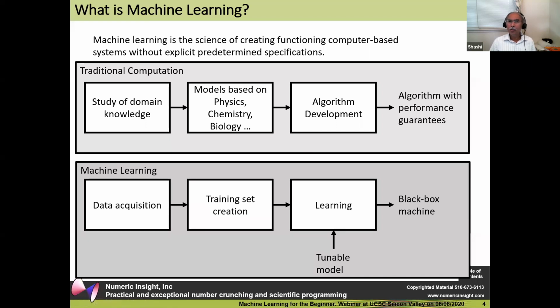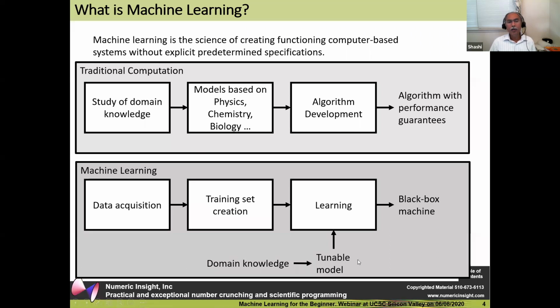That is true, but not entirely true. Some very successful machine learning systems do use domain knowledge. Okay, so domain knowledge can actually inform your tunable model. So it makes it even better.